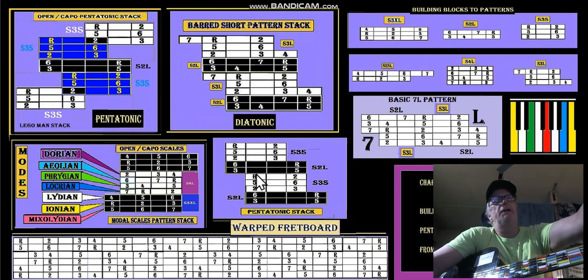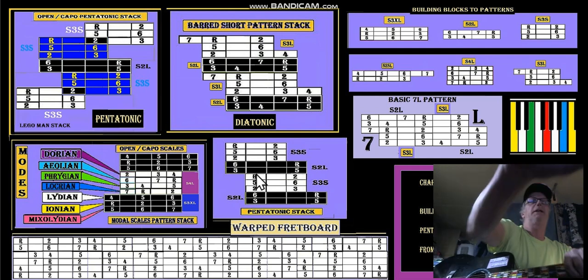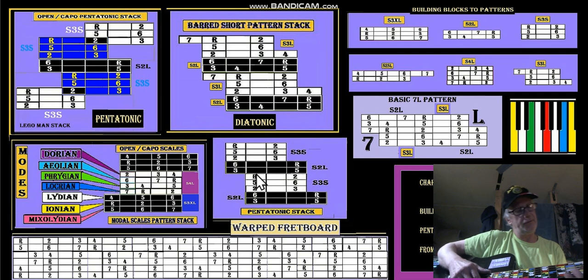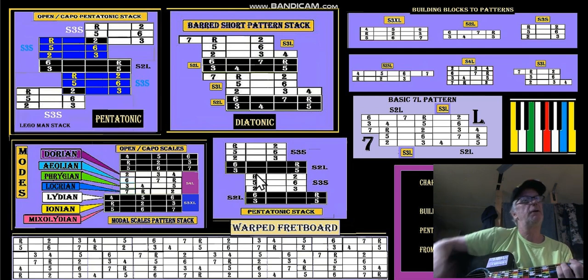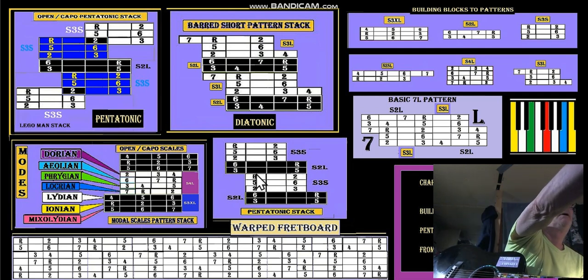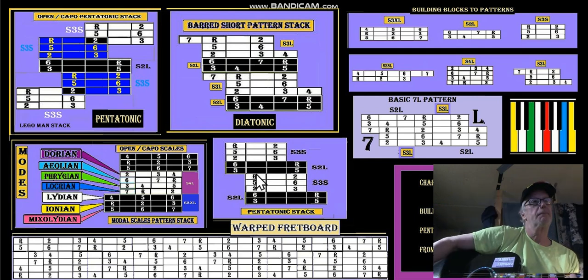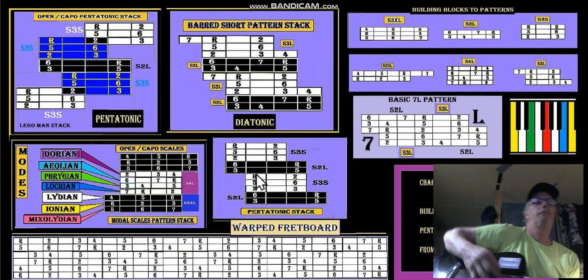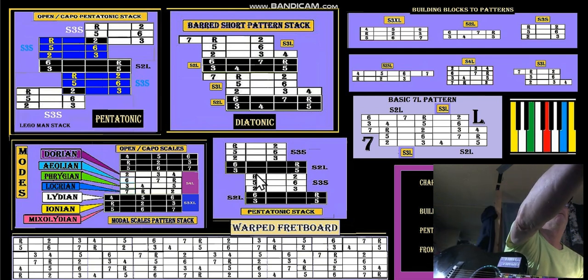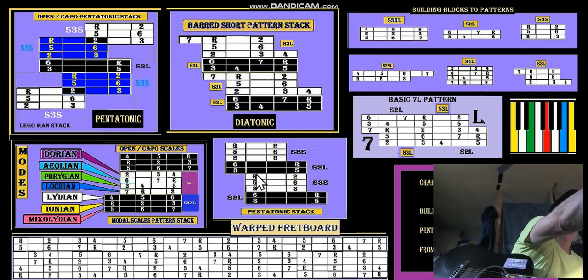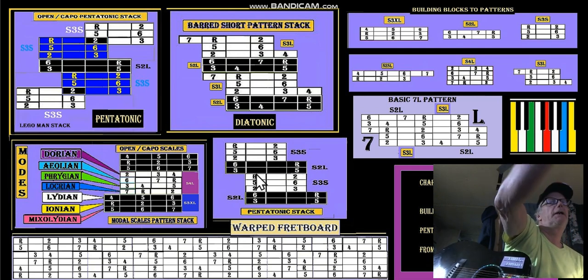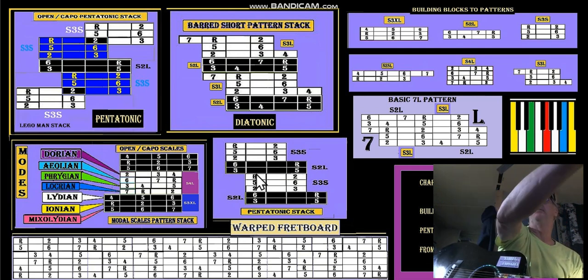It's terrible, right? So it was something like this. Okay, so my F is here. Okay, so my F would be like this, D flat in the real world.